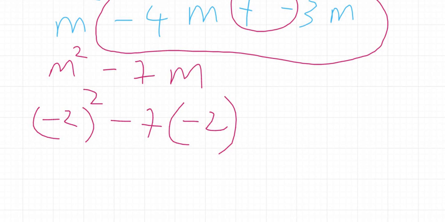We'll work out what is in exponent form first, which is negative 2 raised to the second power. This is saying negative 2 times negative 2. That's what an exponent does: it multiplies the base by itself a certain number of times, depending on the value of the exponent.